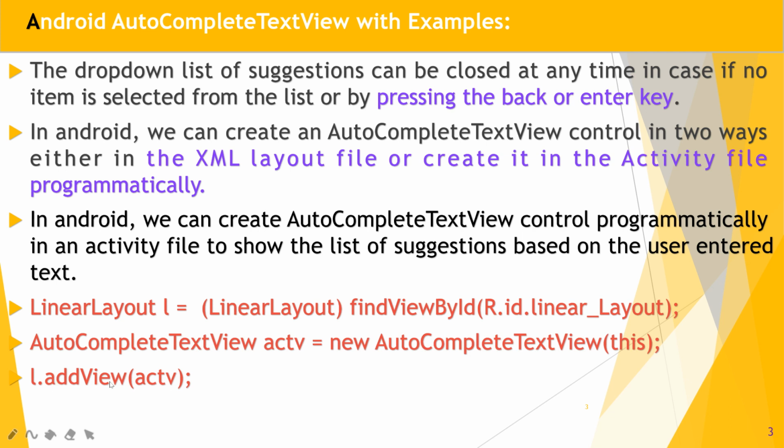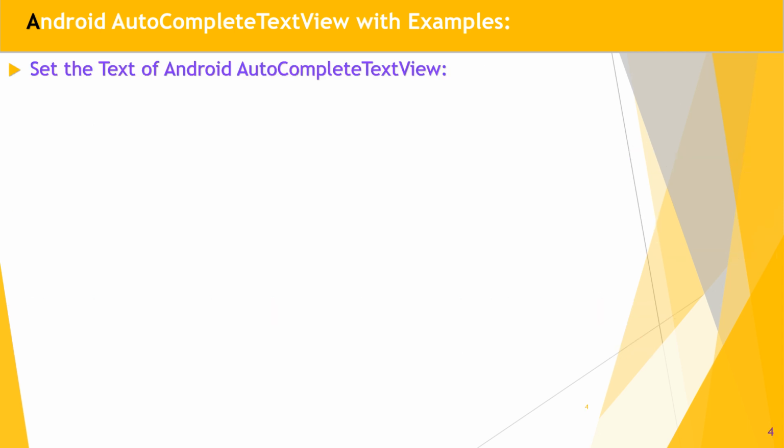So add the view into the linear layout l, and pass the autocomplete text view object as an argument to the addView method. The coding is similar to Java, and we all know the Java language. So this is all about how to create autocomplete text view at runtime in the MainActivity.java file.